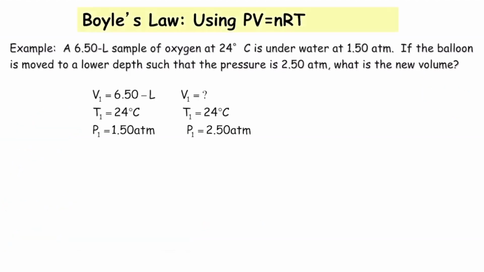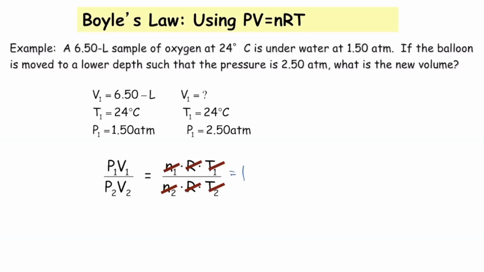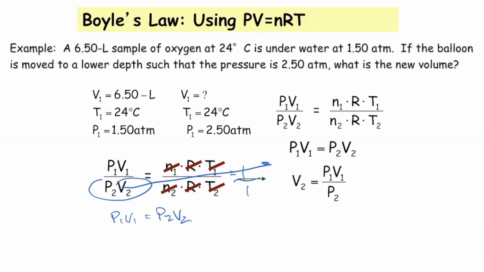Okay, so here it is. Here's the combined gas law, and everything cancels out. This now equals 1 over 1. We bring this to the numerator. What we get is P1 V1 equals P2 V2, which is what you see right here. We're solving for V2, so send P2 down here. And that's the equation we have.